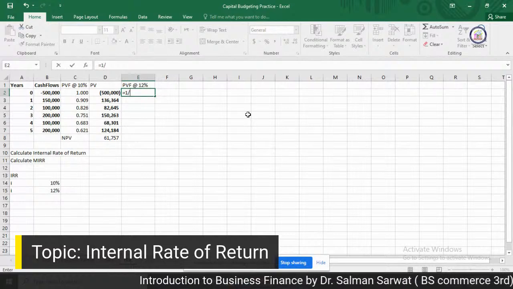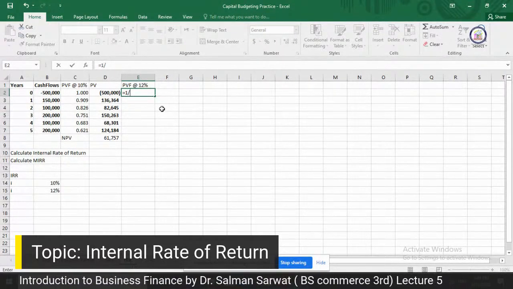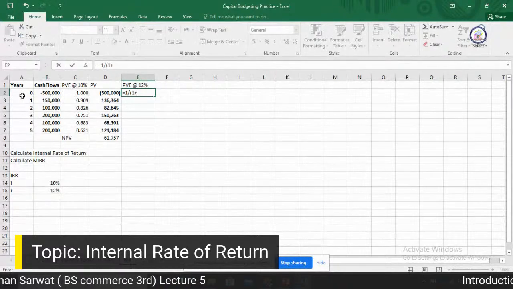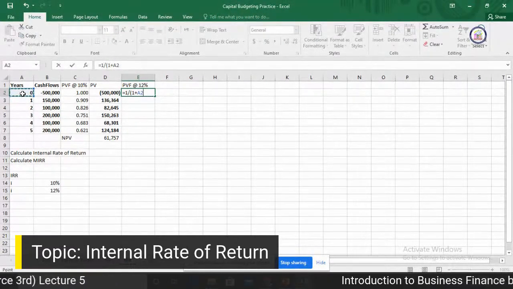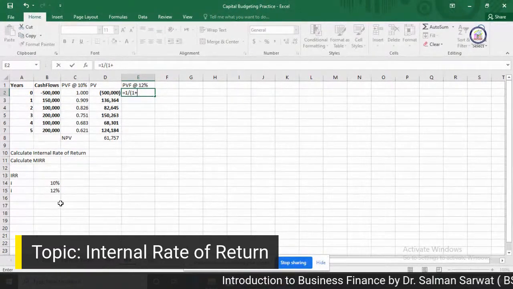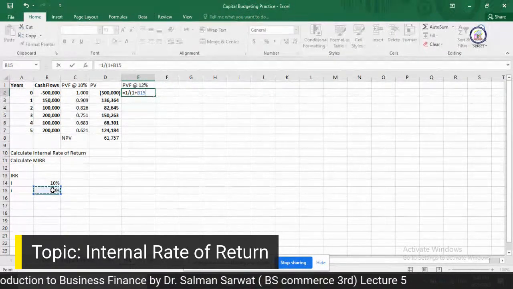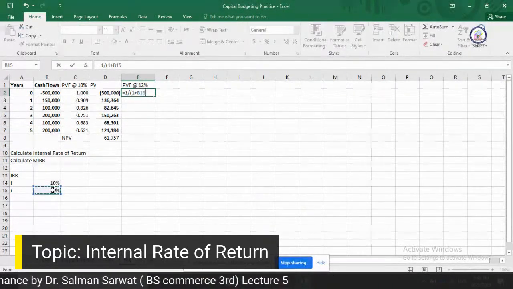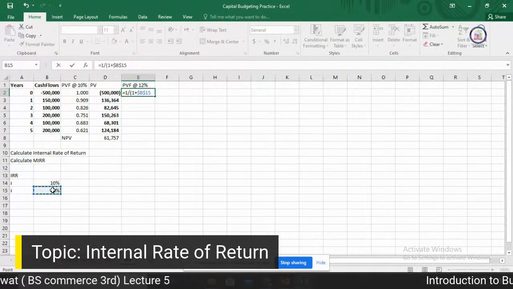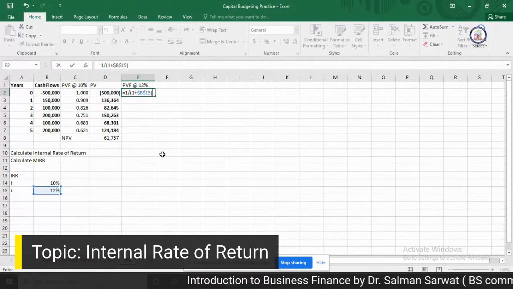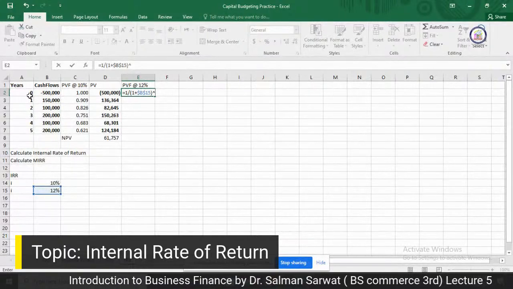1 divided by 1 plus I, where I is 12%. Okay, we have to log this cell of interest rate and power n.